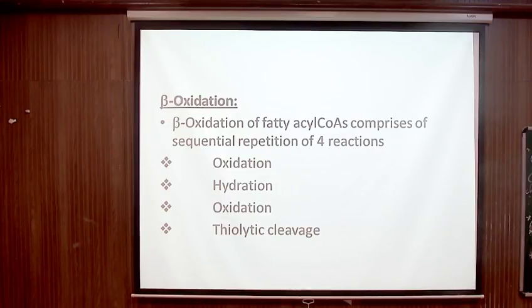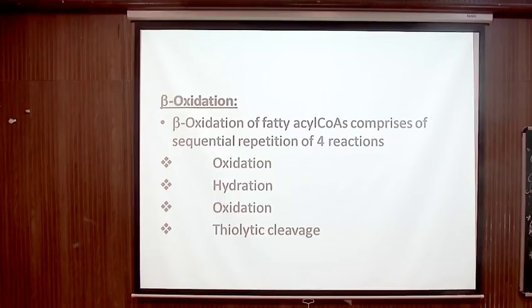Every time beta oxidation takes place with all these 4 reactions, at the end of the 4 reactions, 2 carbons are released as acetyl coenzyme A. Now you're left with a fatty acyl coenzyme A, which is the activated fatty acyl coenzyme A. Are you getting this point? You have the fatty acyl coenzyme which is already activated.